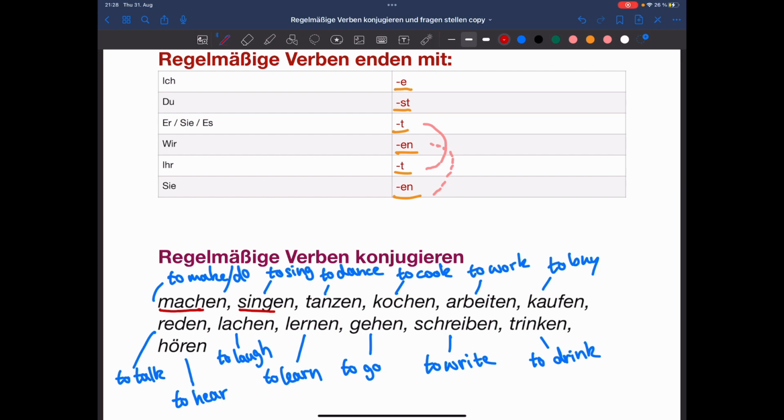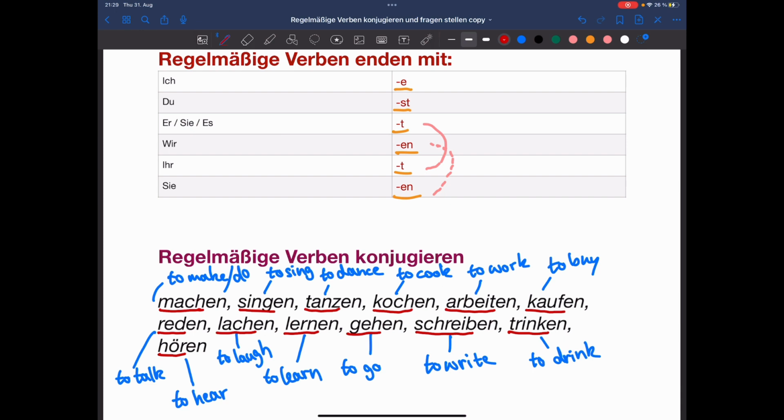So mach and sing. What about tanzen? Correct. Tanz, and then koch, and then arbeit, then kauf, red, hör, lach, lern, geh, and schreib, and trink.